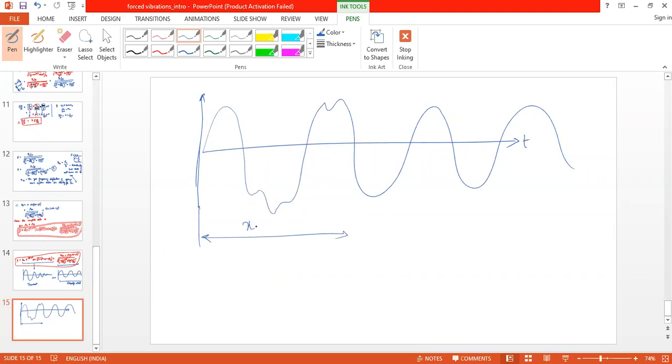In the beginning, for some time, there will be both the complementary solution and the particular solution. But after some time, there will be only the particular solution. So that's why in the initial cycles you can see the transient here.